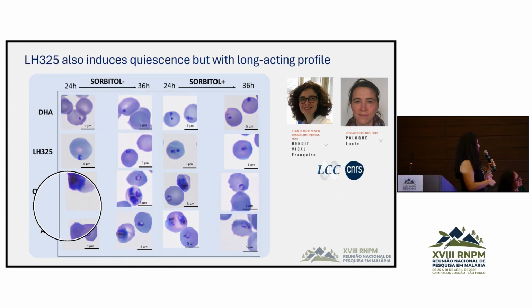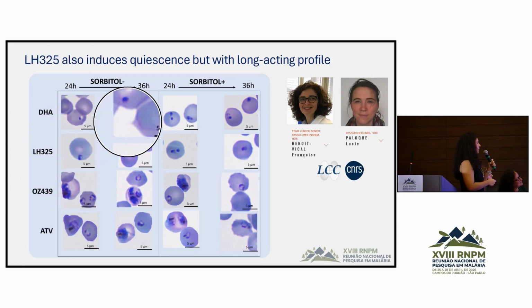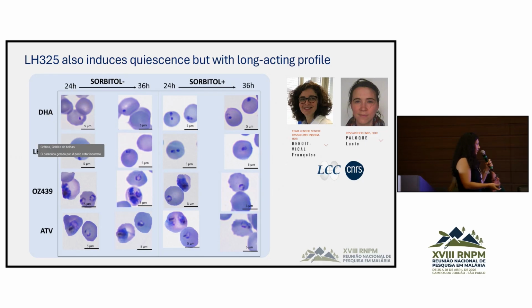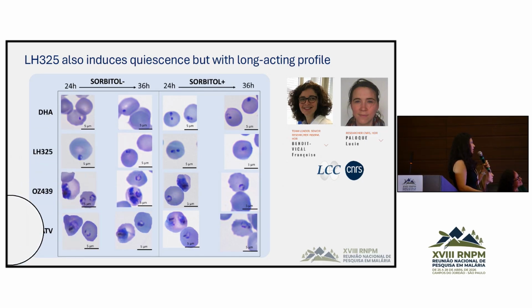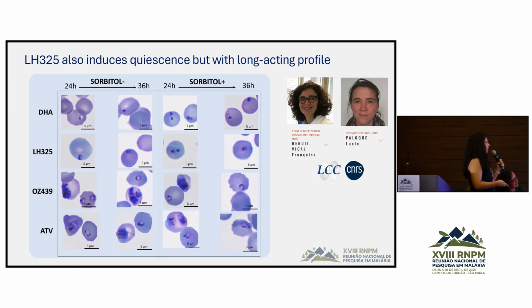What we saw is that both compounds, artemisinin (DHA) and ours, have a very similar phenotype in microscopy, where these rings become pyknotic, in comparison with dorvacone that has long duration. The cycle continues developing.